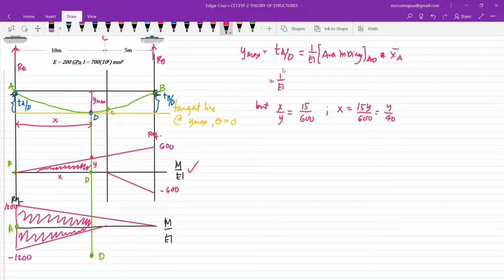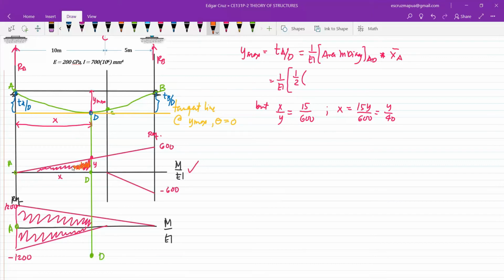Okay, so going back dito sa taas, so this becomes area of the moment diagram between A and D. And that would be the triangle. So 1/2. What is the base of the triangle? Ito, yung shaded area lang na to. So, okay, lagyan ko na ibang kulay para mas ma-identify natin. Gawin natin orange.